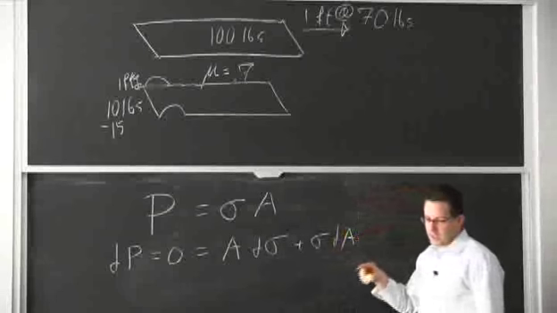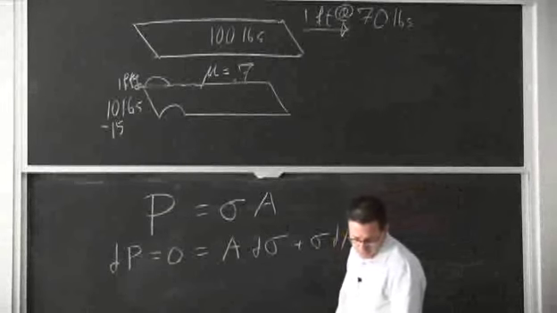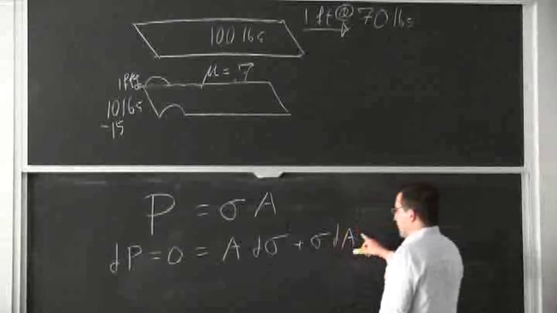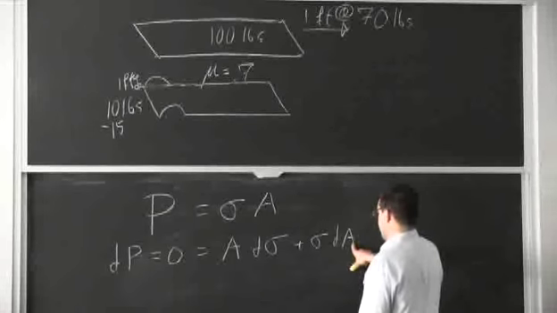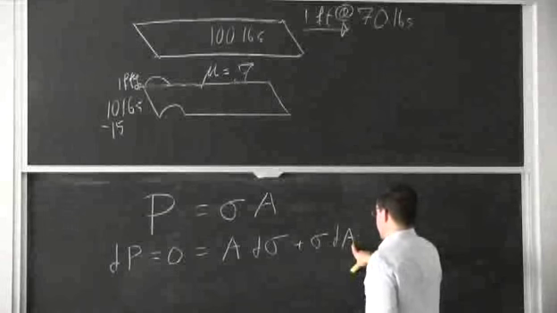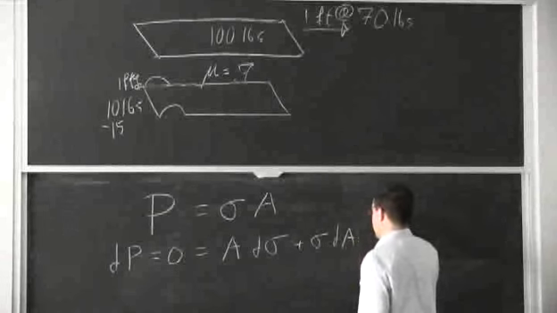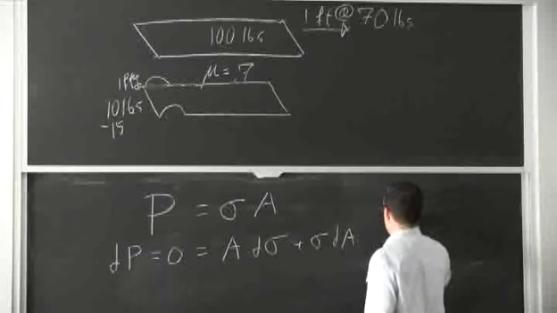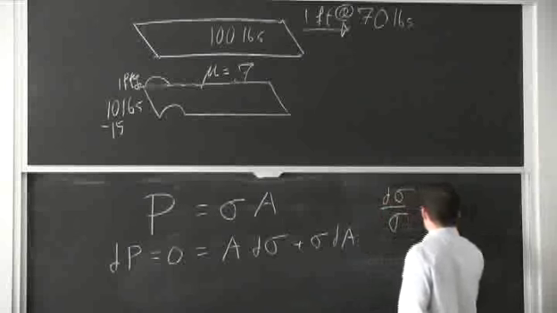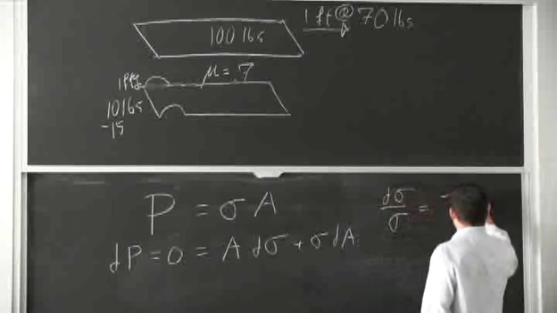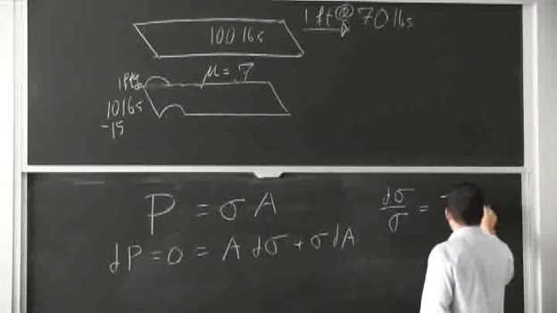That's the condition at the peak of the stress strain curve, so it's the point B right here. If I organize this, I essentially get d sigma over sigma is minus dA over A.